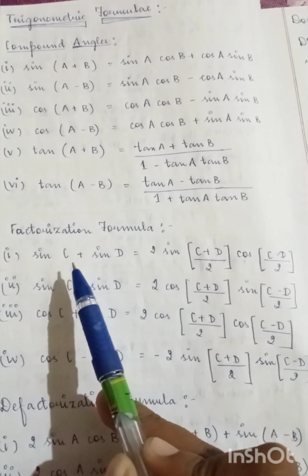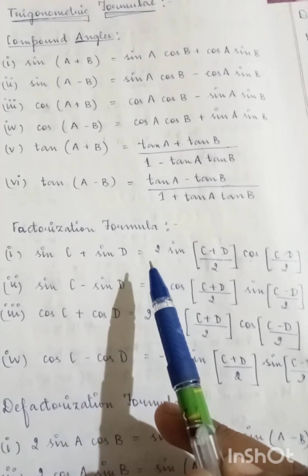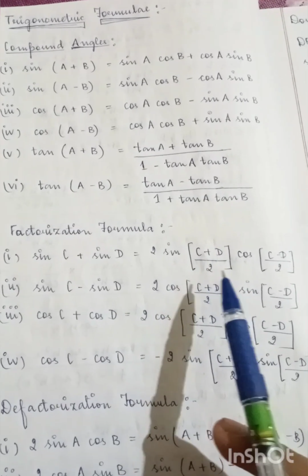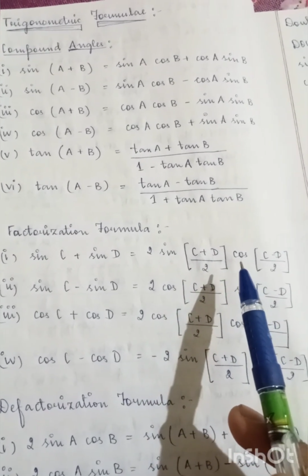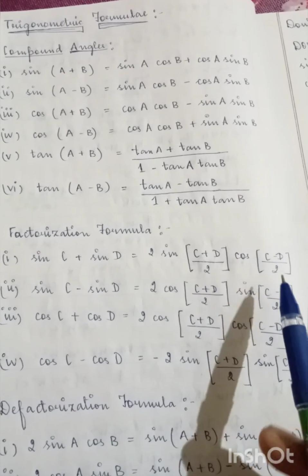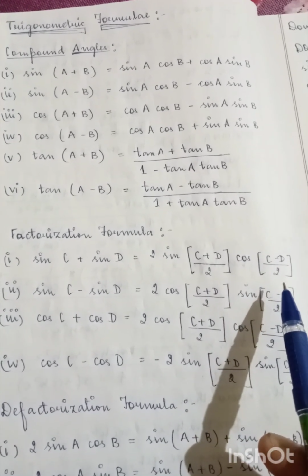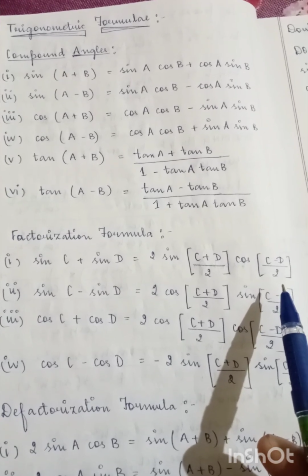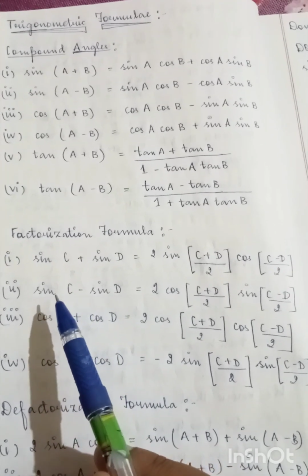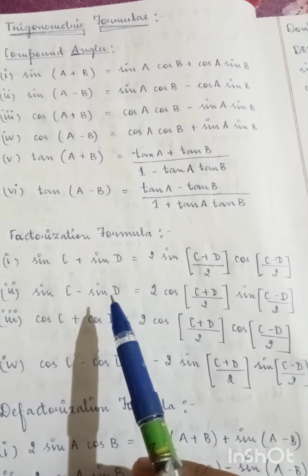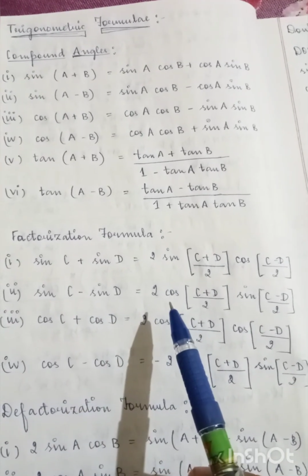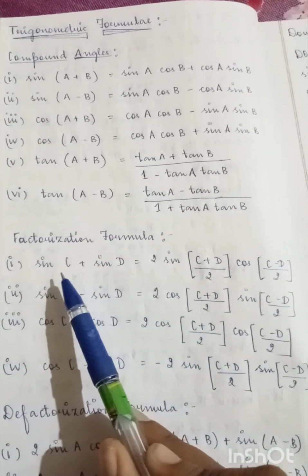So sine of c plus sine of d is equal to 2 sine of c plus d by 2 into cos of, we know cos is always negative, so cos of c minus d by 2. Got it, guys?